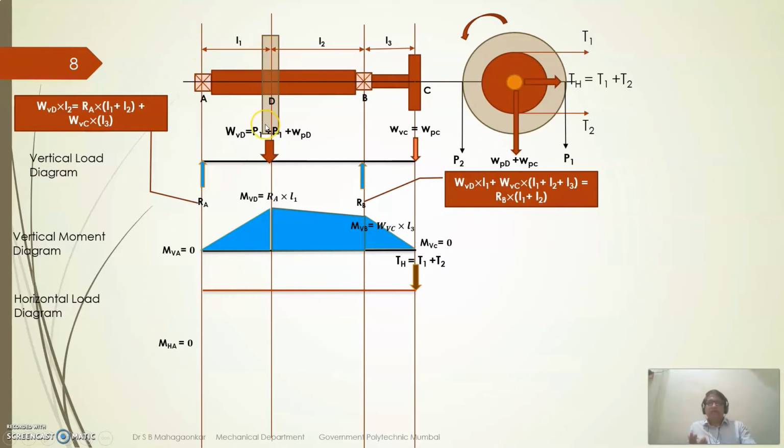If you consider pulley D, here the load is acting downward and the tensions are also acting downward. So the load TH is equal to T1 plus T2, at point C. And now, what are the reactions here? A and B. These are the points where I have to find the reactions.